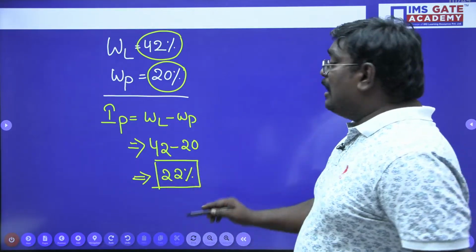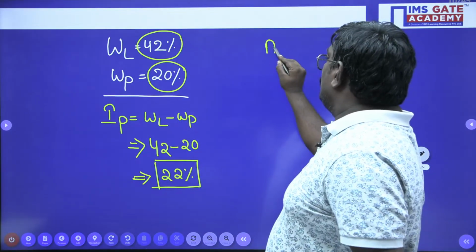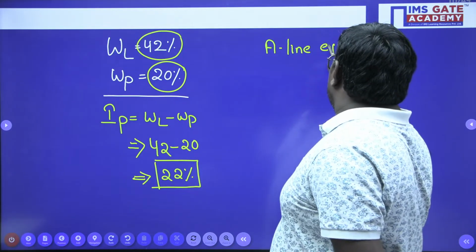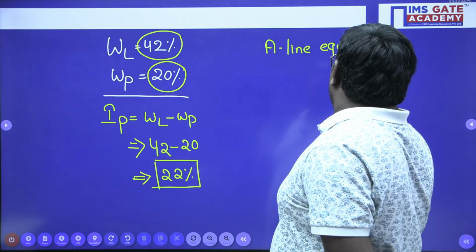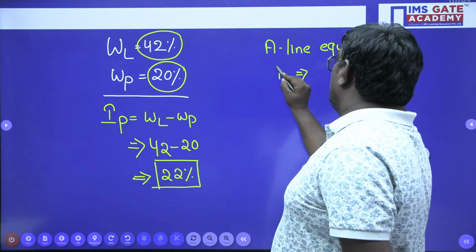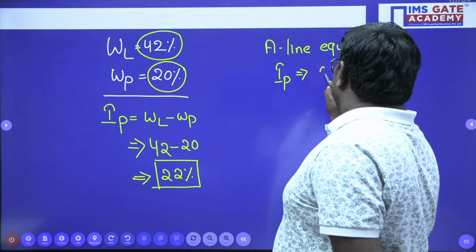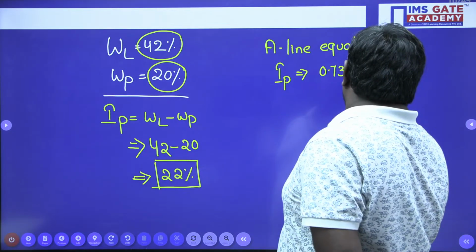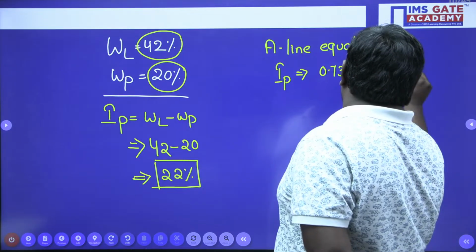Now from the A-line equation, the A-line equation is given by the formula IP is equal to 0.73 into (liquid limit minus 20). Absolutely correct.